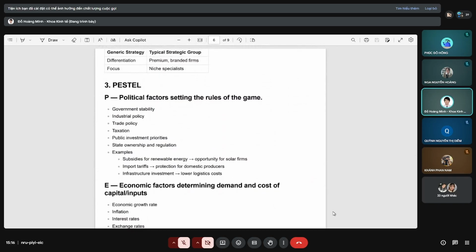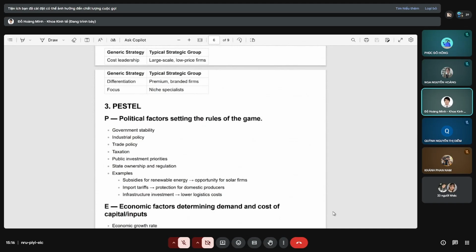Okay? And I want to give you some core ideas. The PESTO model doesn't compete with the 5 forces model.